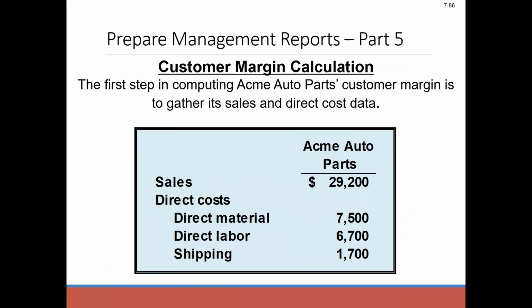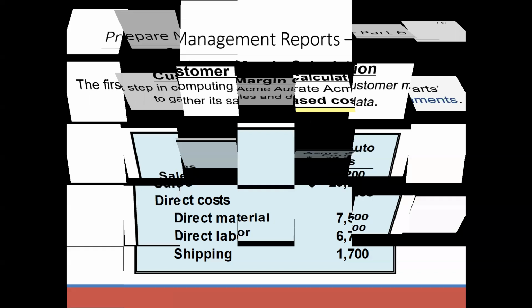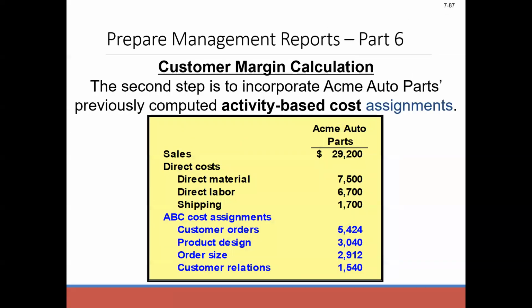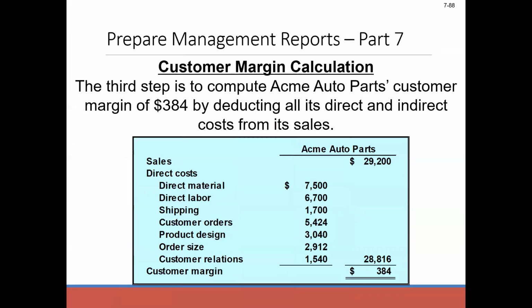So the first step in looking at the Acme Auto Parts customer margin is to get its information. We've got its sales to customer Acme and its costs to Acme. So we've got the sales and the cost, and then we have customer orders, the product designs, the order size, and the number of customer relations.